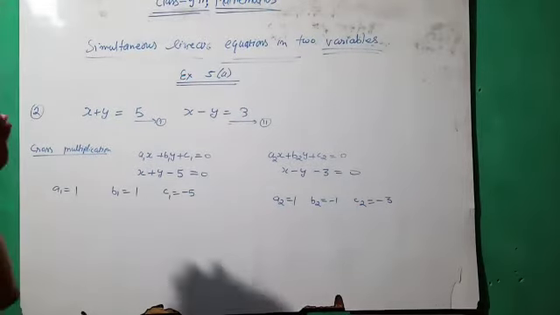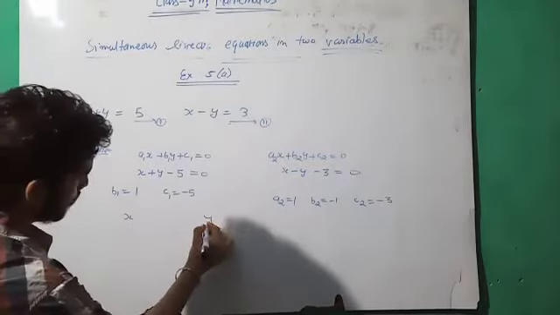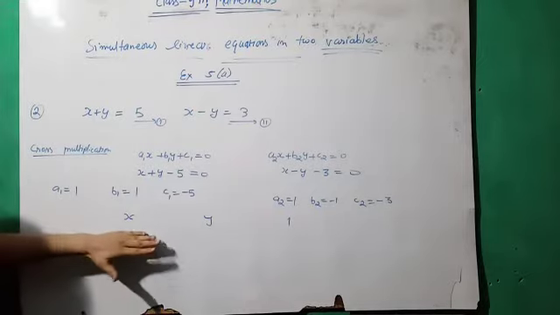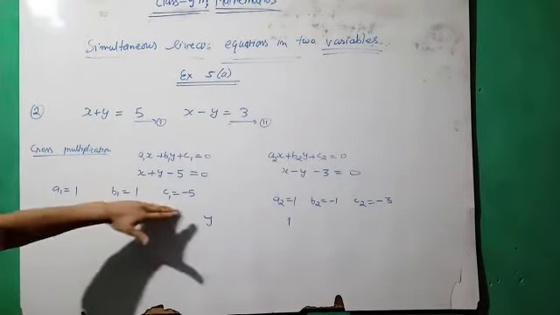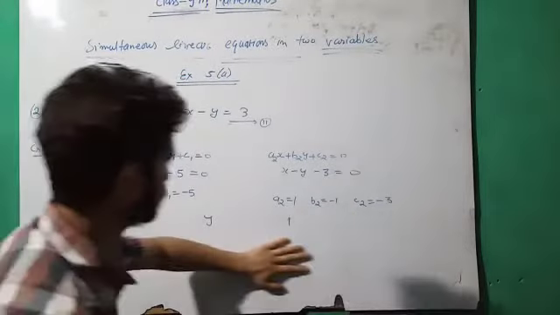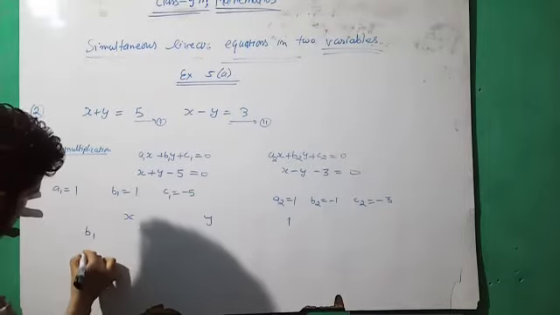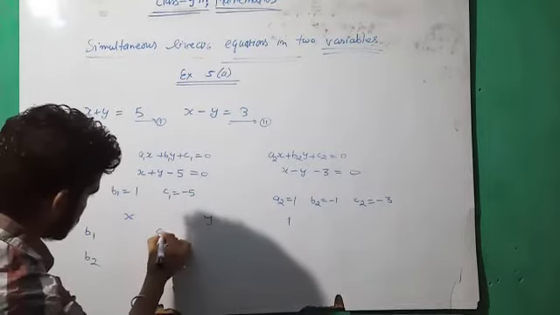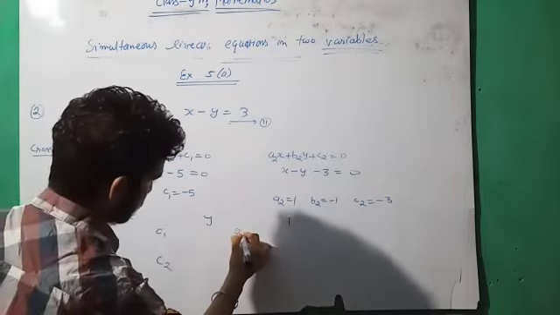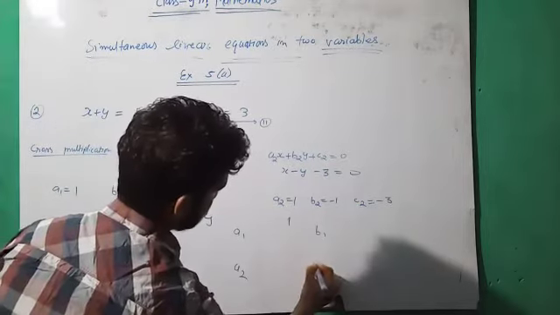Now what is the method? The method is x, y and 1. You have to follow the same way. First you find a1 b1 c1, then a2 b2 c2, then follow this. Write down b1 b2, c1 c2 in between these, then a1 a2, starting with b1 b2 and ending with b1 b2.